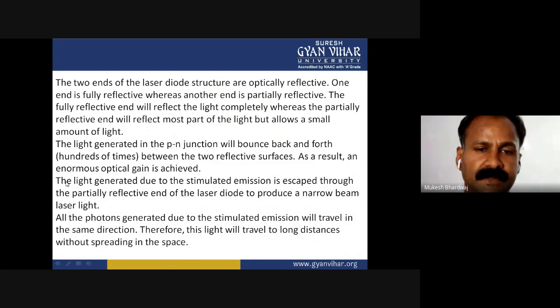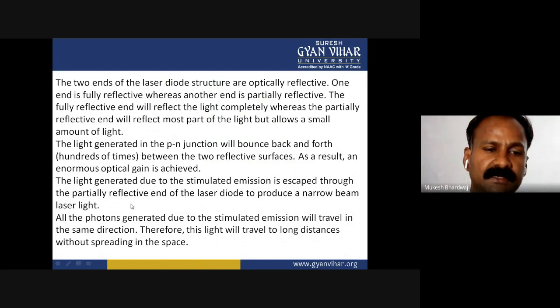The light generated in the p-n junction will bounce back and forth hundreds of times between the two reflective surfaces. As a result, an enormous optical gain is achieved. The light generated due to the stimulated emission escapes through the partially reflective end of the laser diode to produce a narrow beam of laser light.